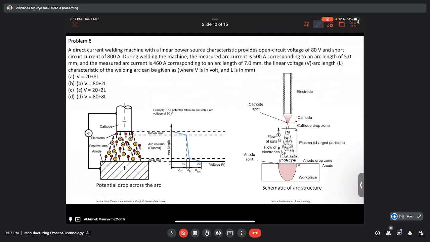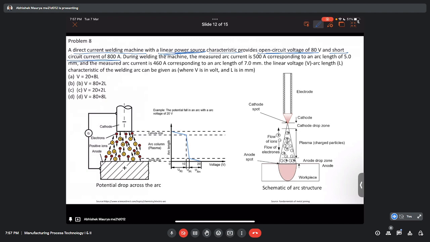So this question is all about the arc welding process. Here it is given a direct current welding machine with a linear power source. Characteristics provide an open circuit voltage of 80 volts and a short circuit current of 800 amperes.